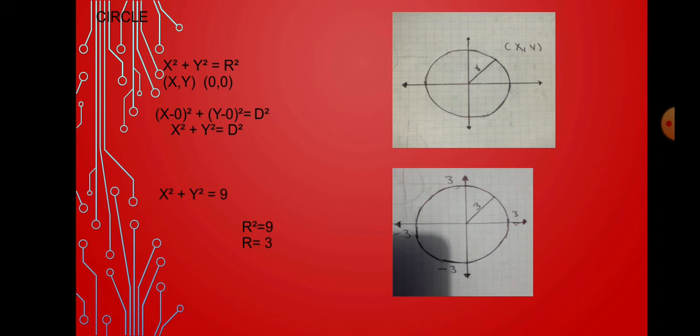This circle formula comes out of the distance formula, and this distance formula is simply an extension of the Pythagorean theorem at these points.